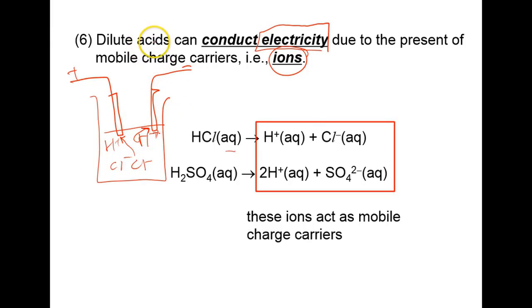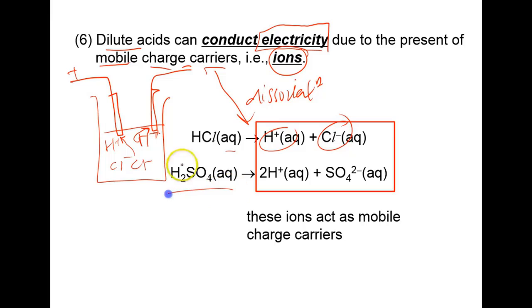So in a sense, I'm saying that dilute acids can conduct electricity. Why? Because they have mobile charge carriers. How did these charge carriers come about? They came from the dissociation of the acid into the ions. So if I compare H2SO4 and HCl, I can deduce that H2SO4 is a better conductor than HCl.